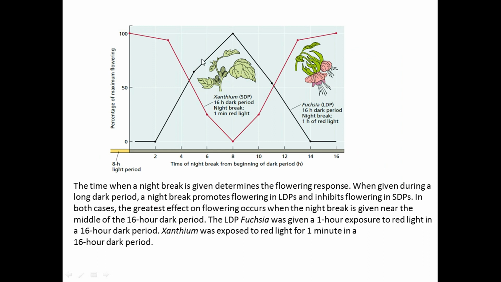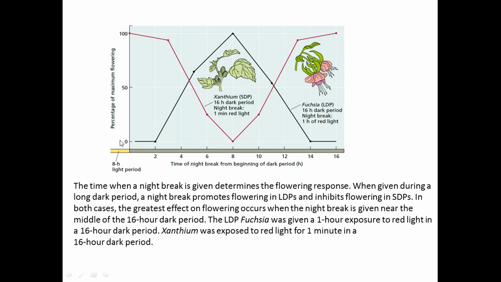Here in this graphical representation, we are trying to figure out at which point we should give the night break for the long day plant to give more flowers. Or you could say we are trying to see at which point we should give the night break where it has its maximum effect.